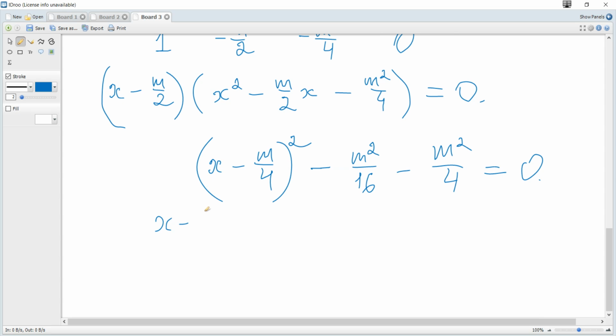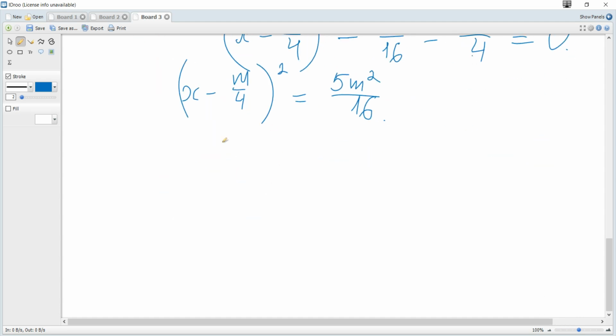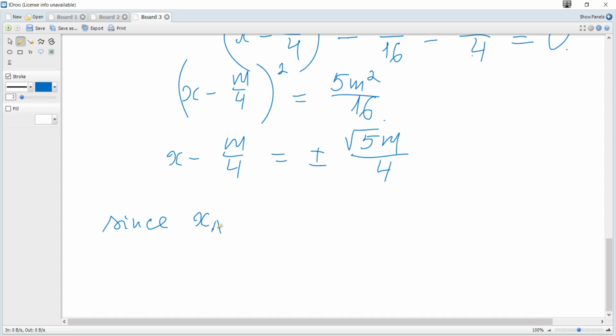So x minus m over 4 squared is 4 over 16 plus 1 over 16, together 5m squared over 16. Hence x minus m over 4 is plus or minus root 5 m over 4.